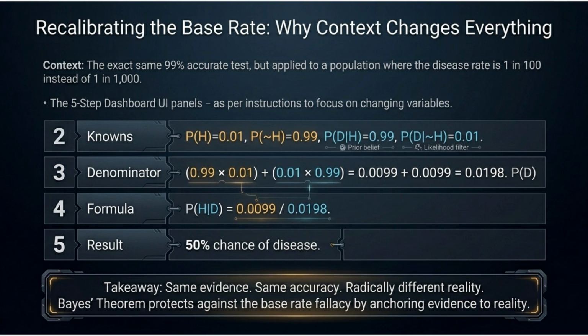Posterior, 0.0099 divided by 0.0198 equals exactly 1/2. 50% chance of disease. Same evidence, same test accuracy, radically different answer because context changed. Bayes anchors evidence to reality and defeats the base rate fallacy.